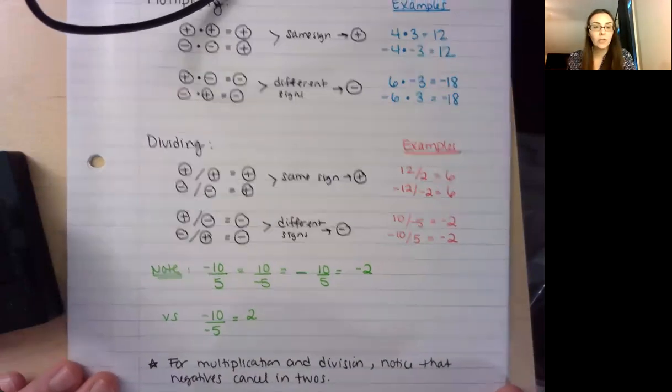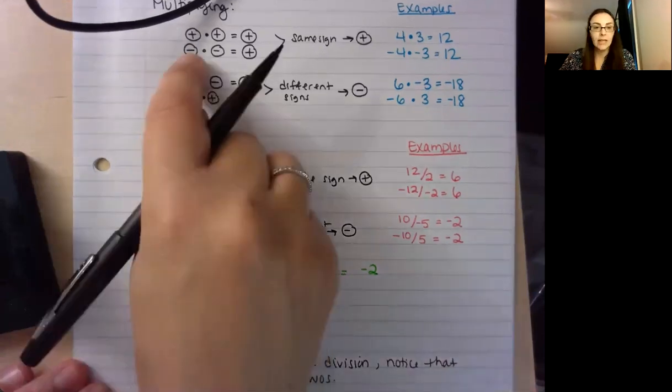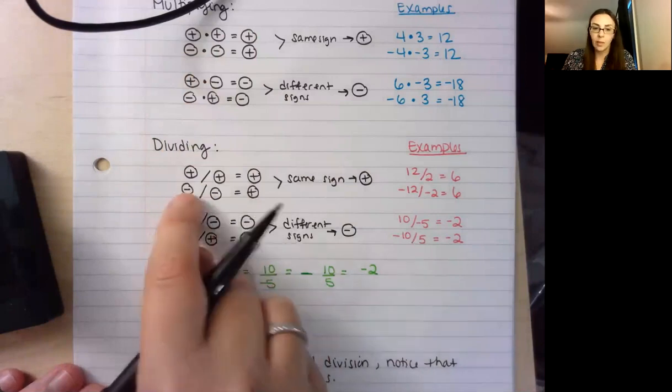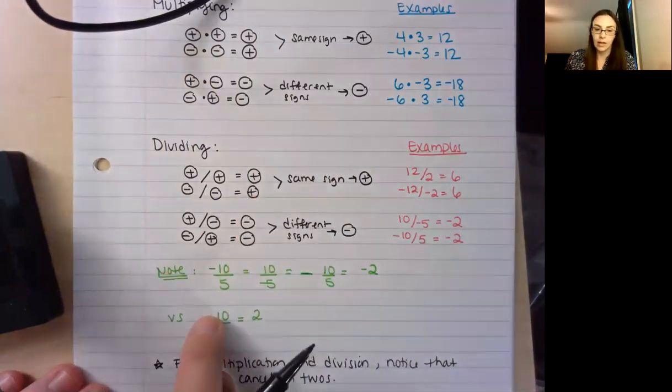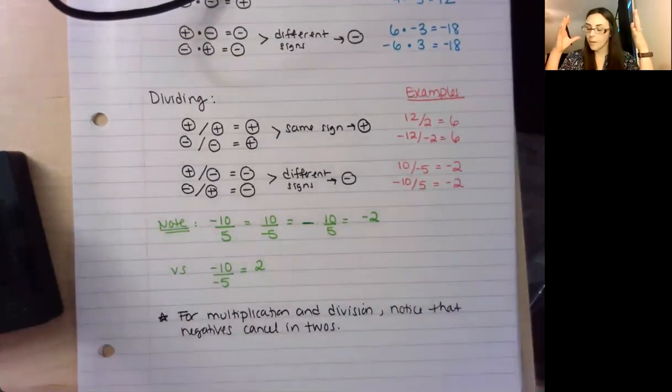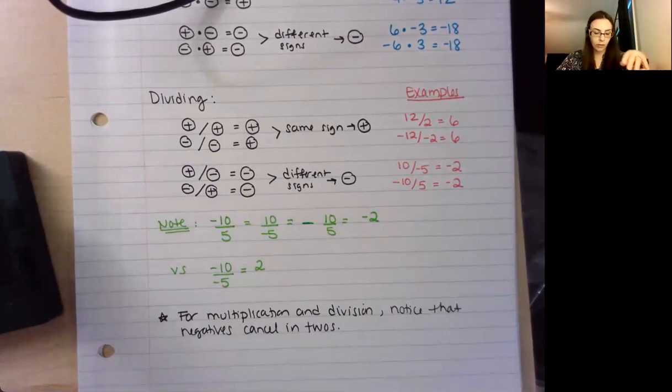So notice that anytime you have two negatives, they cancel to become a positive. Here, two negatives, they cancel to become a positive. Here, two negatives, they cancel to become a positive. So really, if you just keep in mind that with multiplying and dividing, if you have two negatives, they're going to cancel out, then you're all set. That's basically the general rule for multiplication and division here.